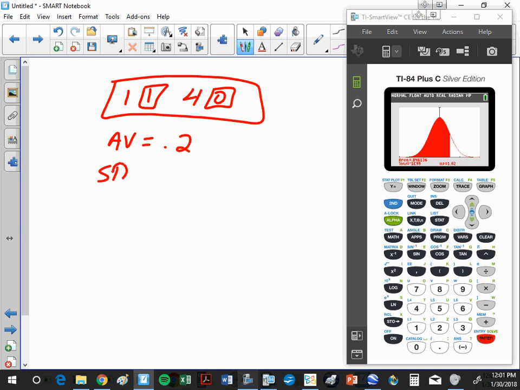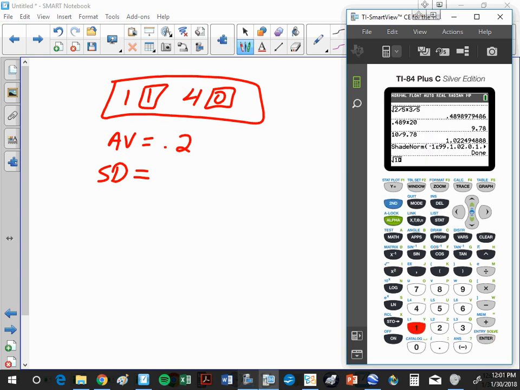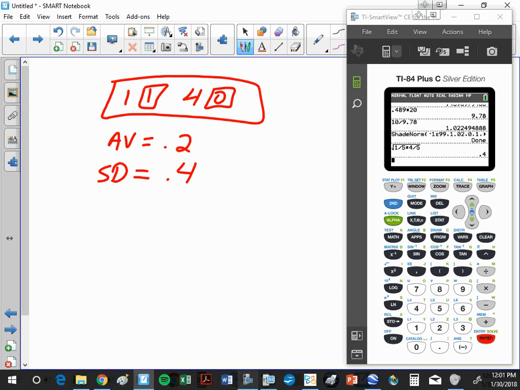And the SD of the box is going to be even bigger. So it'll be the square root of 1/5 times 4/5. And it's going to be bigger than that 0.48. Smaller? Well, that's just the SD. Why is that? Oh, yeah. That makes sense. Because they're closer to the average than they were before.